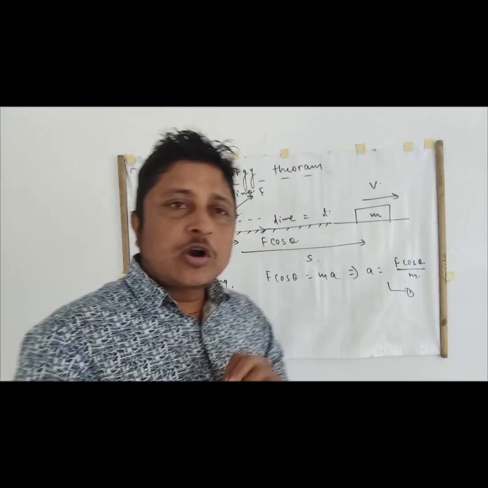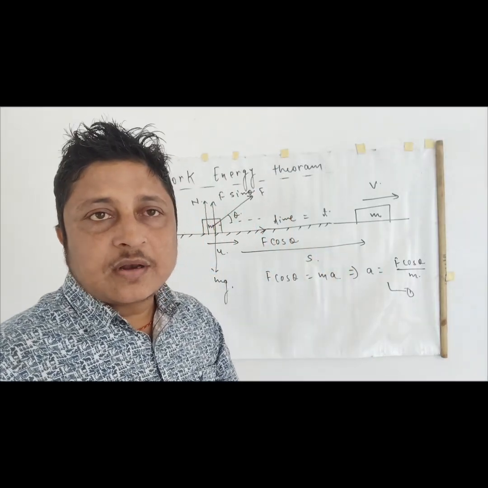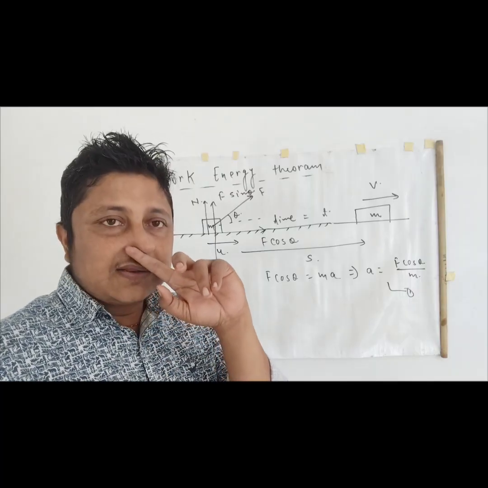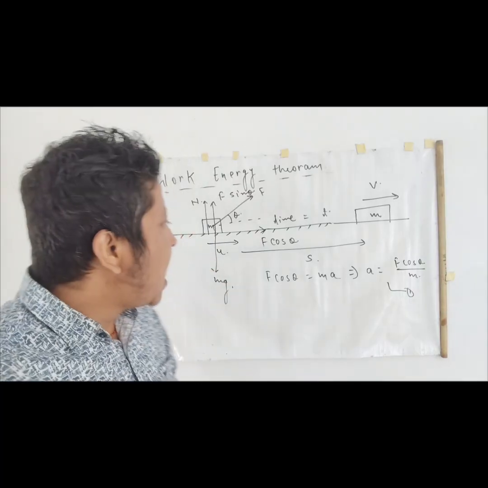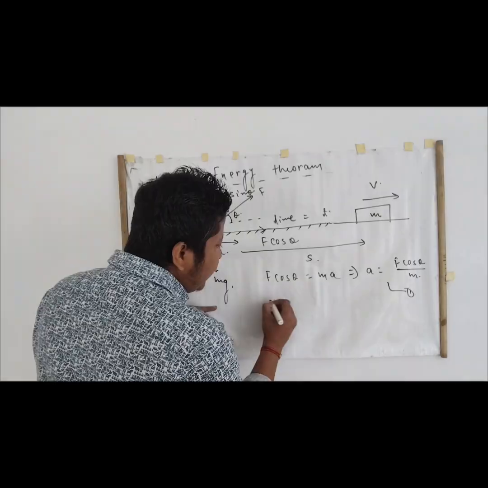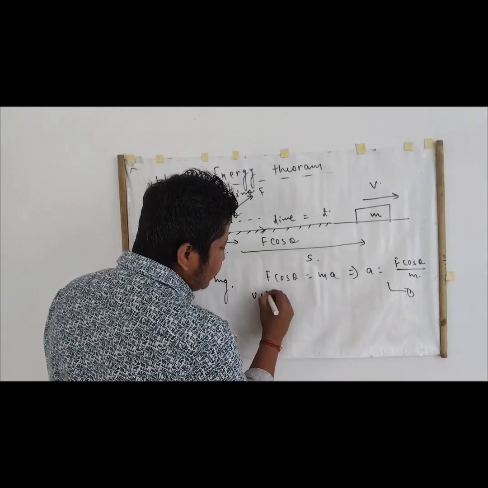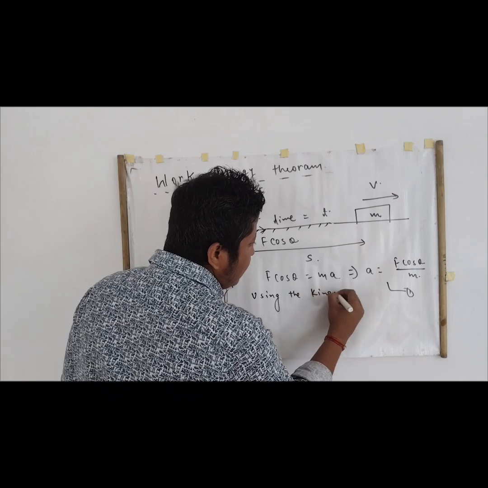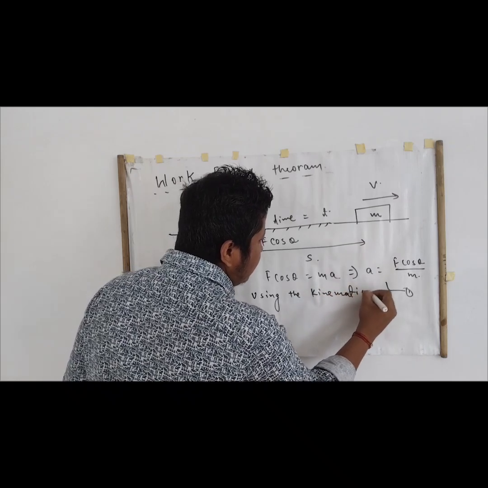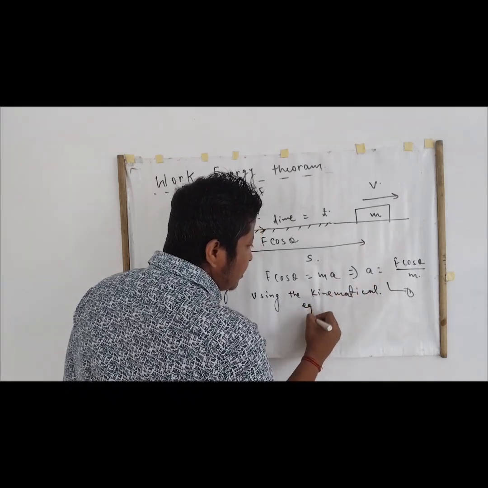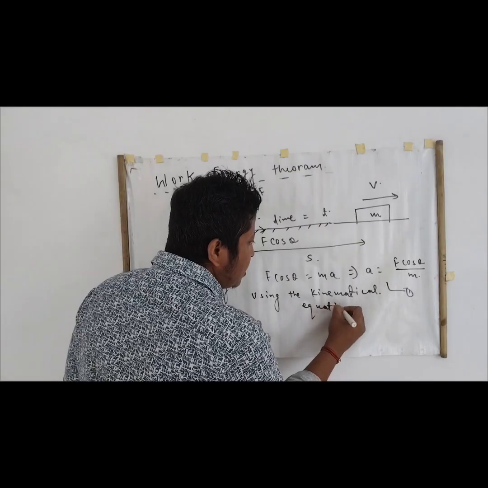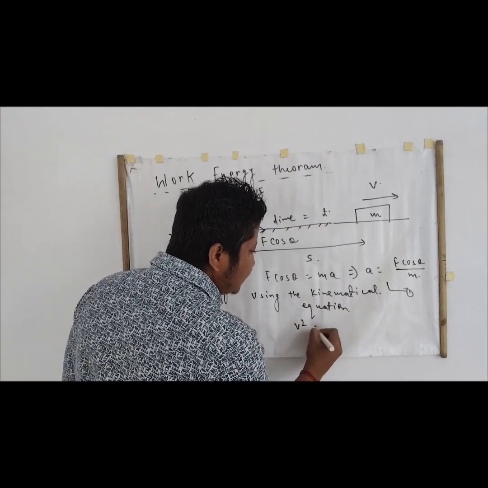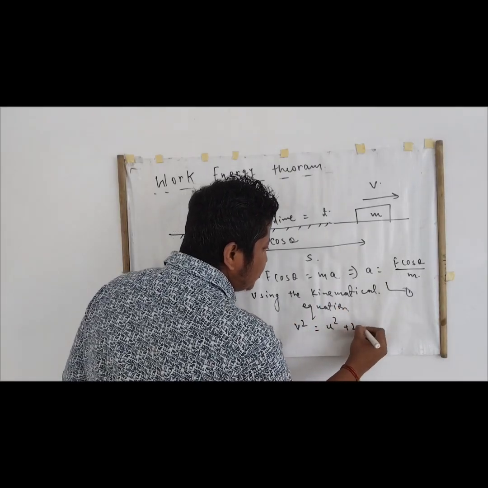If a body is moving with constant acceleration, we can use the kinematical equation v square is equal to u square plus 2as.